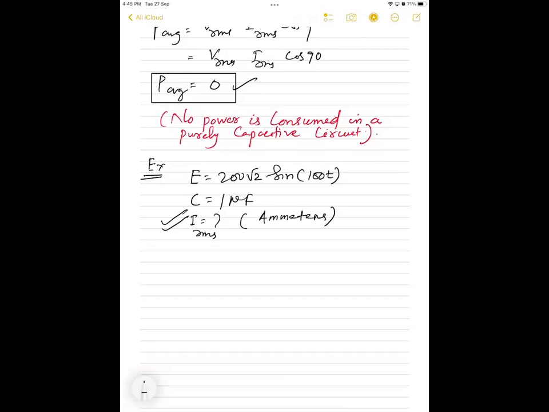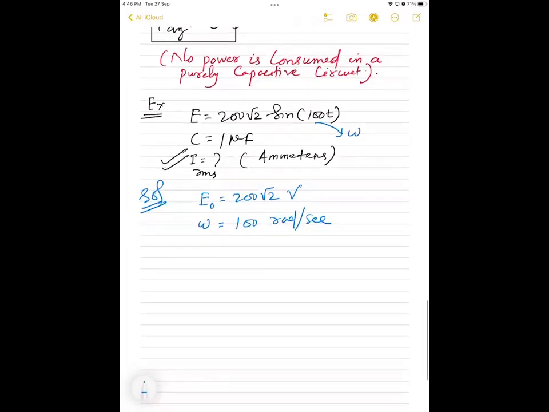Yes. इसको अगर हम अभी देखेंगे, राइट, तो यहाँ ओमेगा की जगह में कितना है? ओमेगा की जगह में 100 है ना, और E not कितना है? 200 root 2. So ERMS is 200. Omega is equal to how much? 100 radian per second.